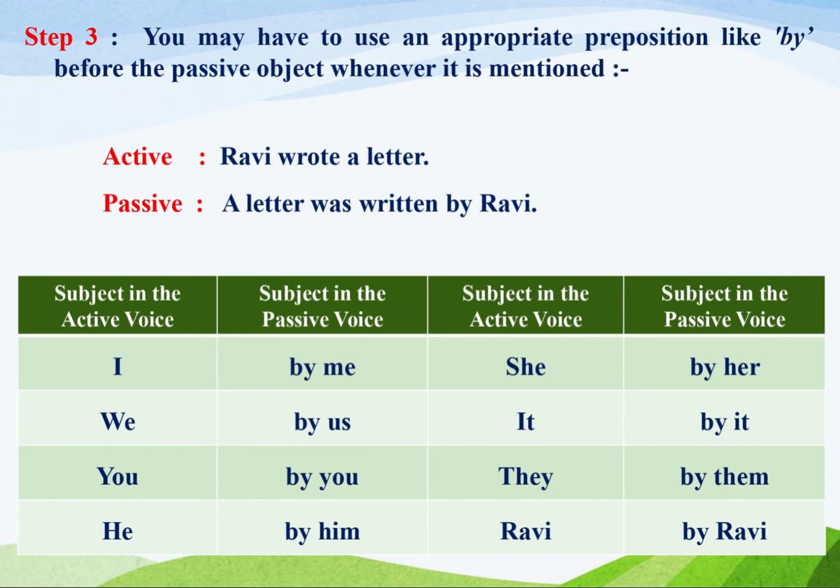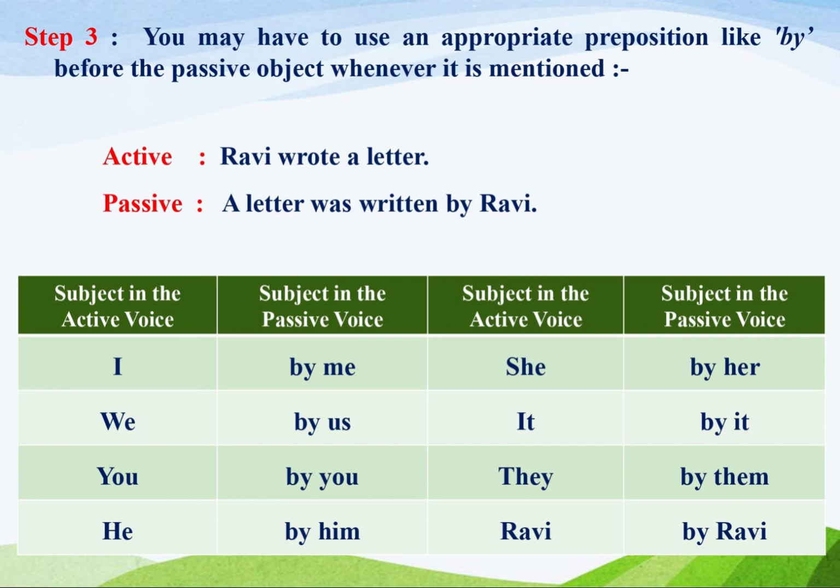See the following table as well. What is the subject in the active voice becomes the object in the passive voice. Suppose I gets converted into by me. If we take I at the back of the sentence, it becomes by me. If at the beginning of the sentence is we, it gets transformed in active voice to by us.